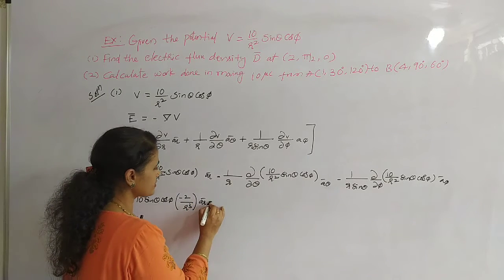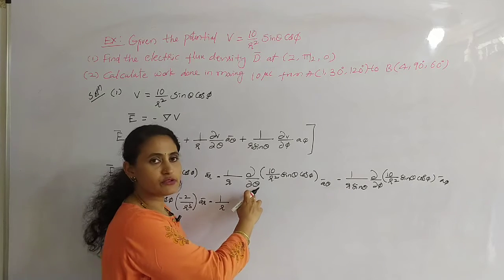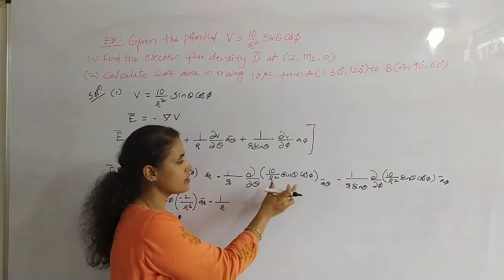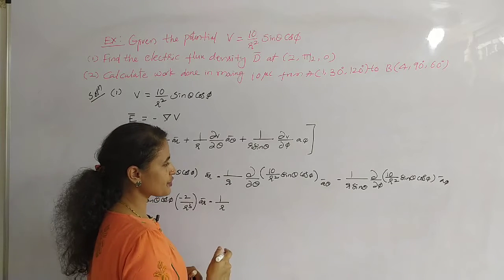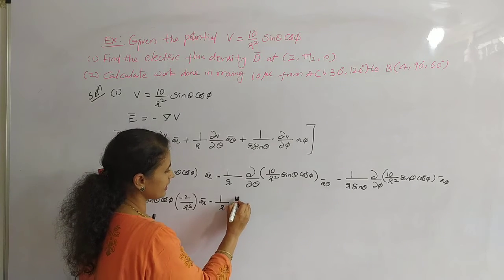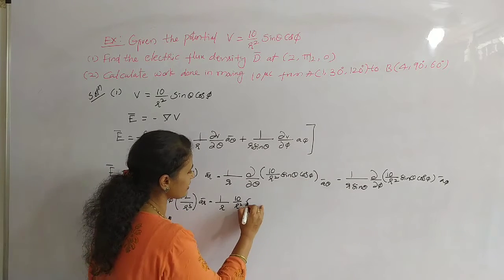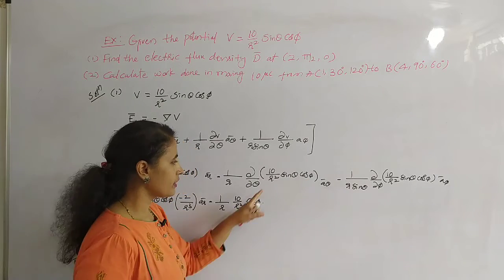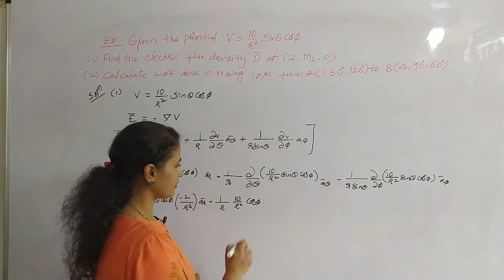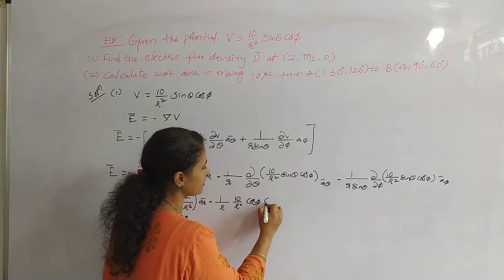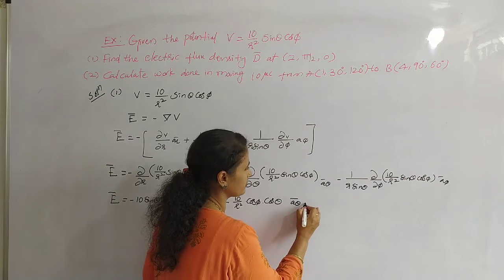Minus 1 by r into, in this one we are supposed to differentiate with respect to theta, so the remaining terms are treated as constants and taken out of this differential term. So this is 10 by r square, and cos phi is also taken outside. Now what is left is the differentiation of sin theta with respect to theta, which is nothing but cos theta, into A theta.